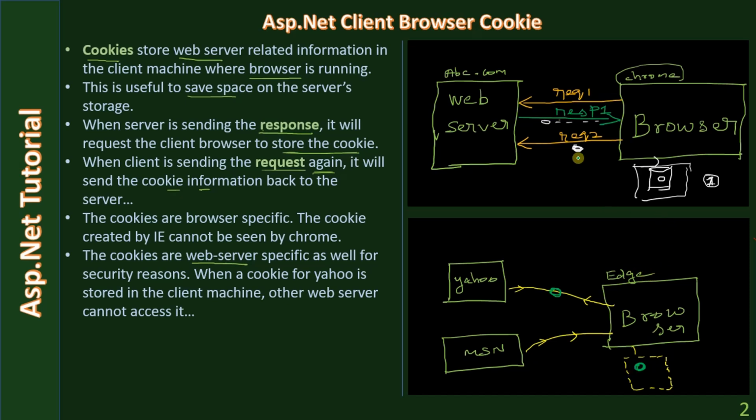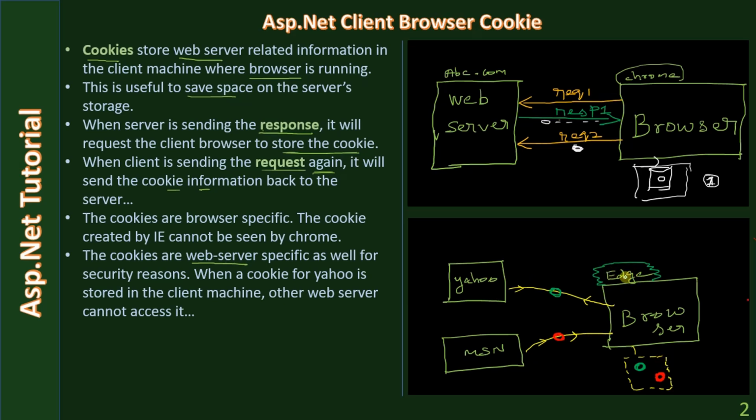We already talked about the cookie being browser specific. Now let's state that we are using only the Edge browser. Yahoo is sending the cookie and that gets stored here. Then MSN is asking to store the cookie, and the cookies for MSN are also stored here.